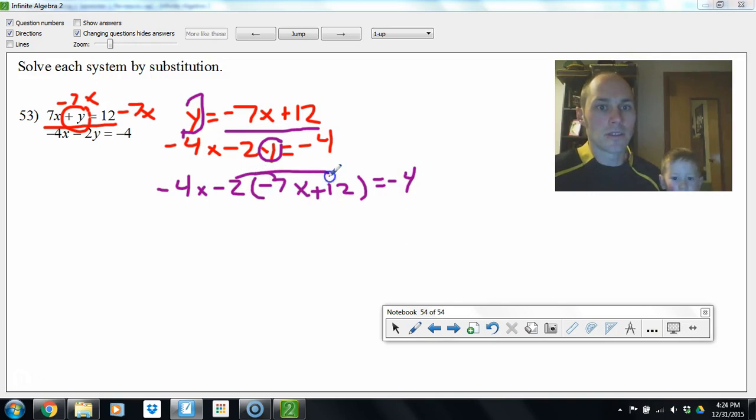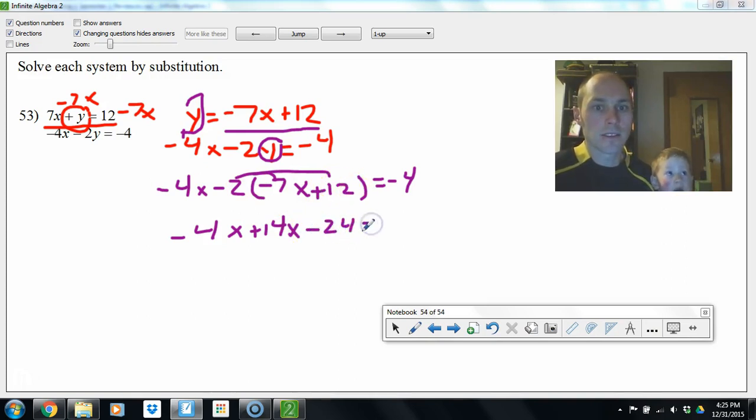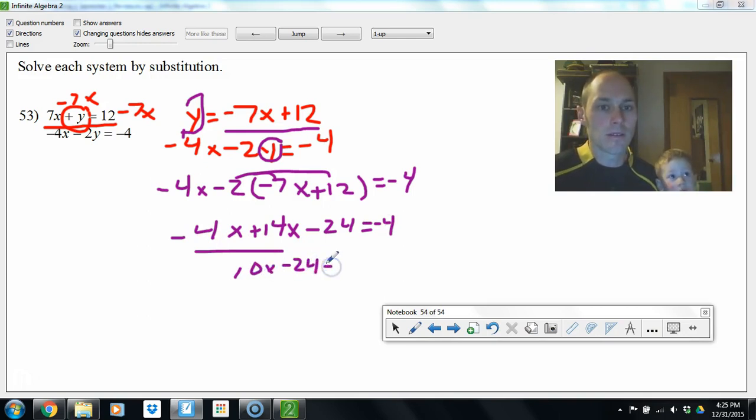So distribute: negative 2 times negative 7x is positive 14x, and negative 2 times positive 12 is negative 24. That equals negative 4. Combine like terms, so I've got 10x minus 24 equals negative 4.